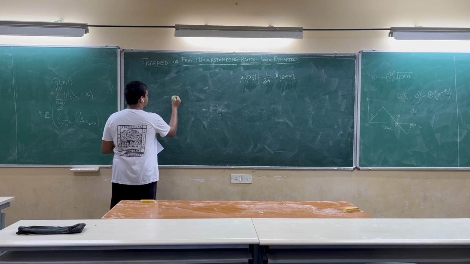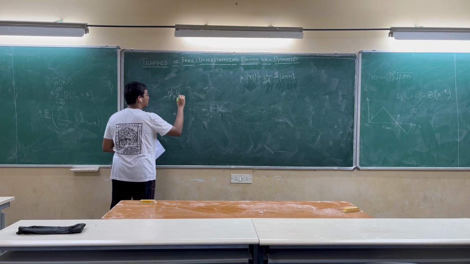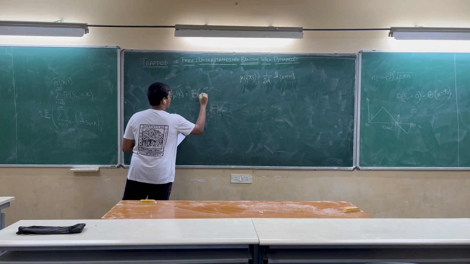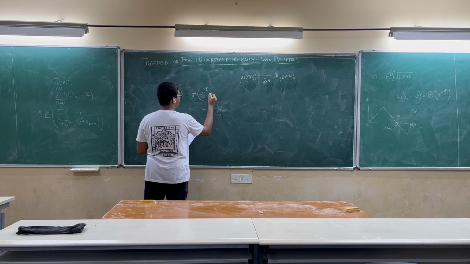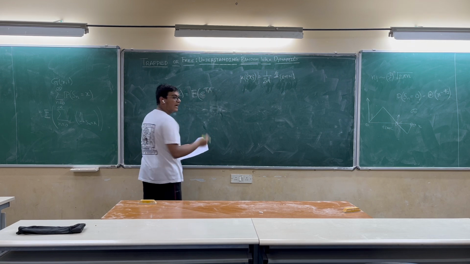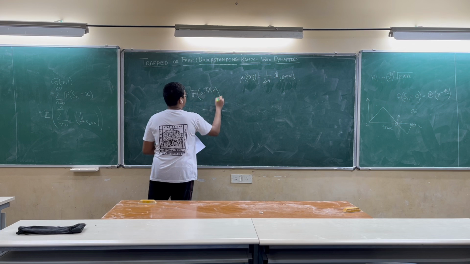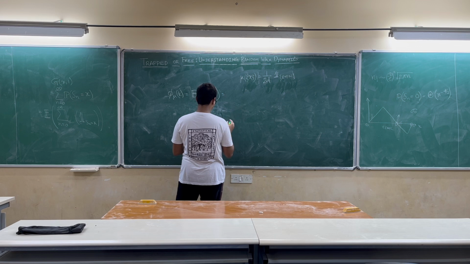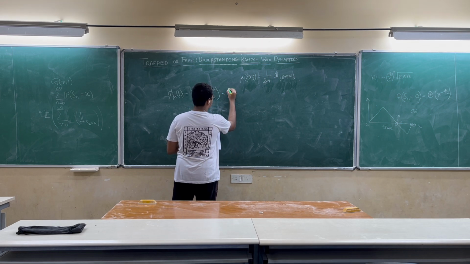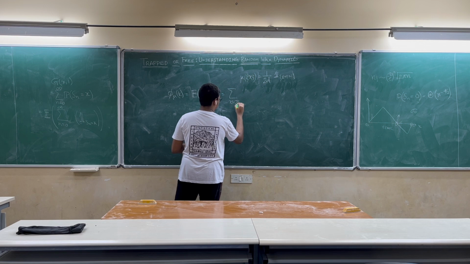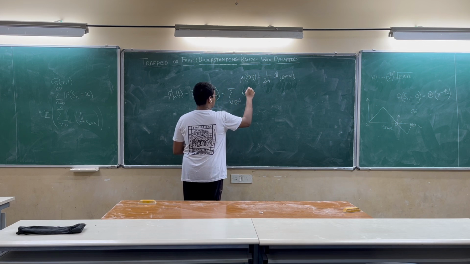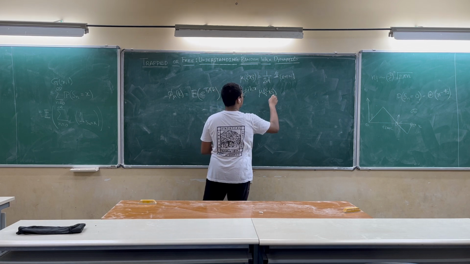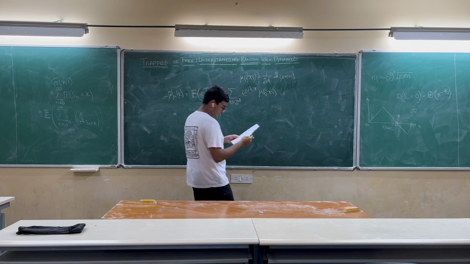That particular characteristic function is given by the expectation of e to the power i k x, that is, the sum over x of e to the power i k x times the probability measure.